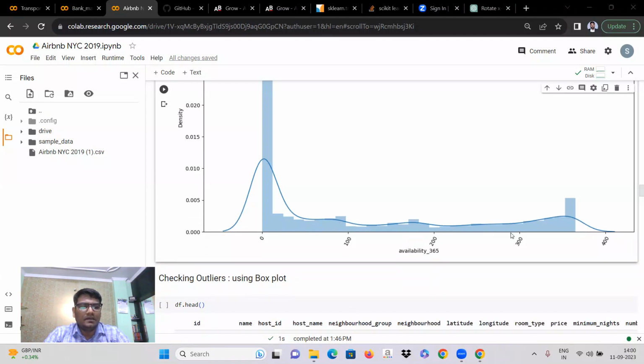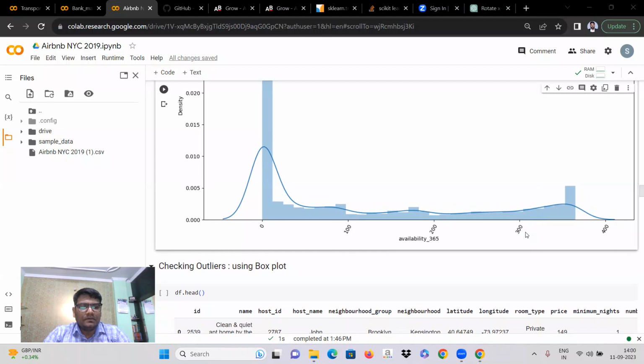But yes, there are some hotels that are available for more than 300 days, and if a hotel or residence is available for more than 300 days, we can consider it a yearly hotel, because the hotel might be shut down for some period due to maintenance and certain activities.